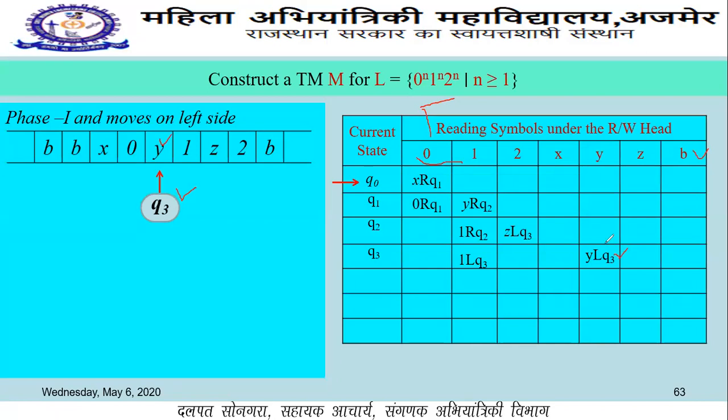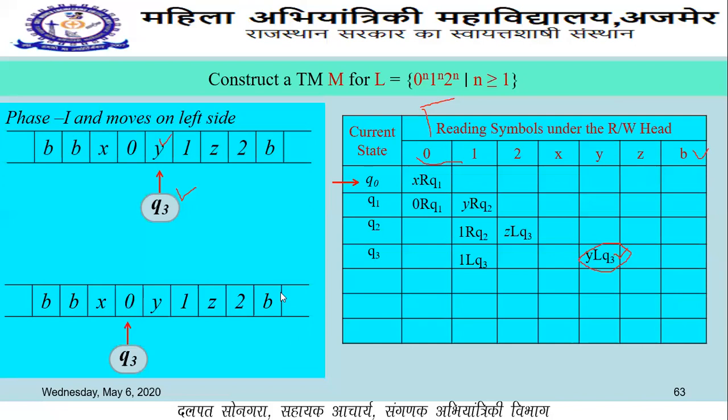We apply this transition function at this instantaneous description, and then we move to this situation. So this is the next instantaneous description. I think it is clear now. Again we are taking a left turn.